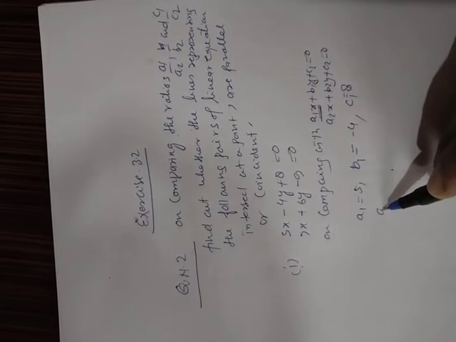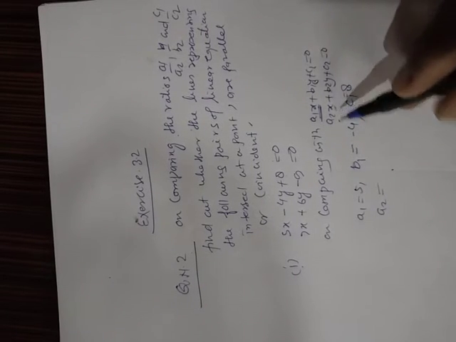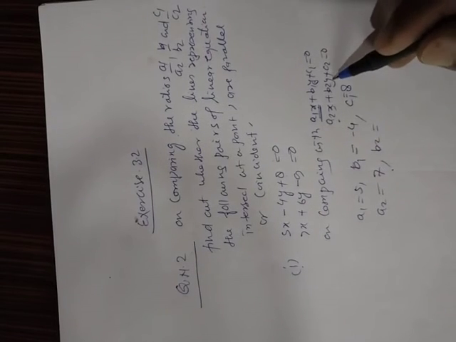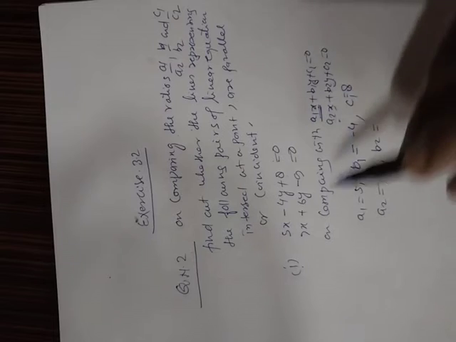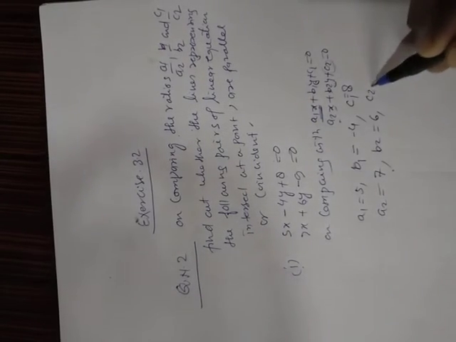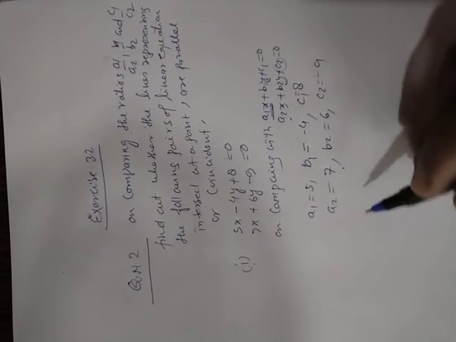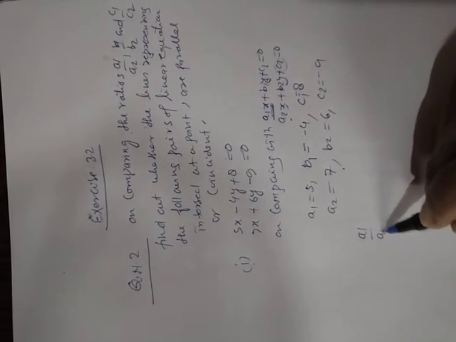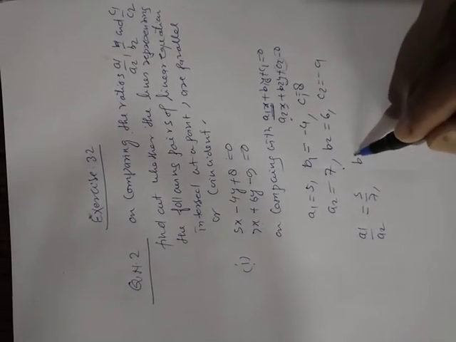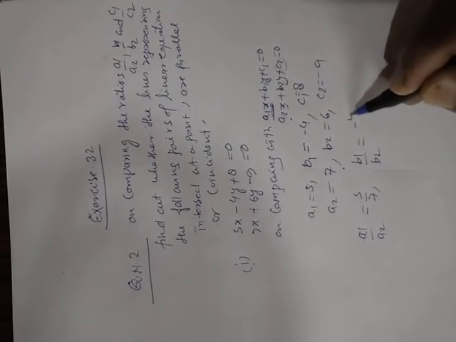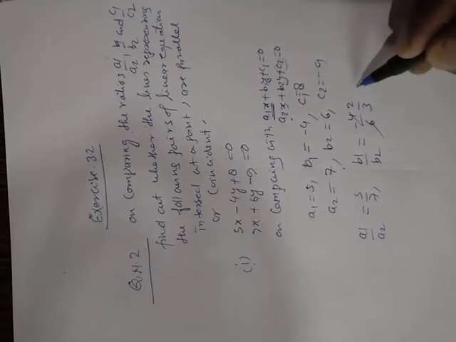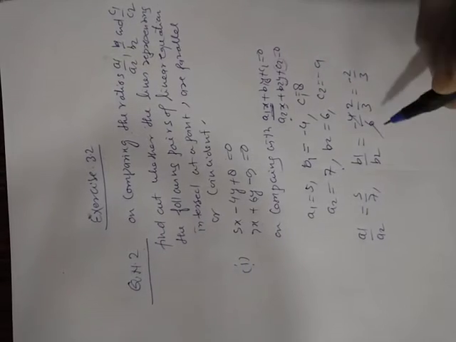Now A2, the coefficient of x in the second equation, is 7, B2 is 6 and C2 is minus 9. Now A1 upon A2 is 5 upon 7, B1 upon B2 is minus 4 upon 6. You can cancel it also, then you will get minus 2 by 3.